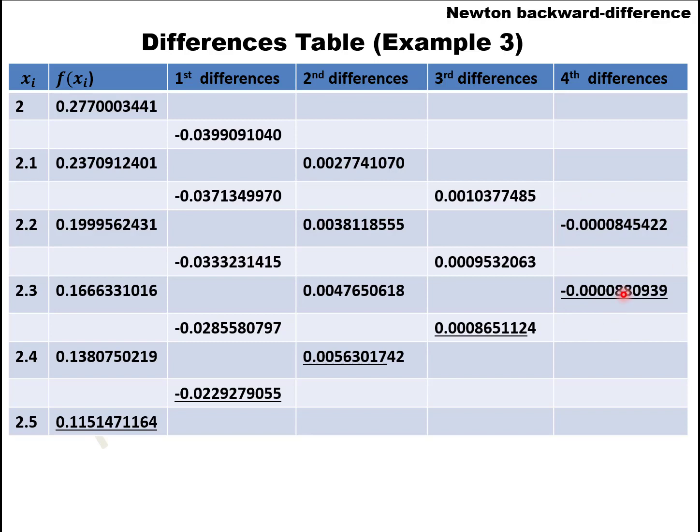And finally, this value minus this value is given by the fifth difference, and this value is equal to ∇⁵ f(x5). Now, if you remember, in the forward case, I used the first row. In the backward case, I'm using the last row, which I underlined. This was the construction of the difference table.